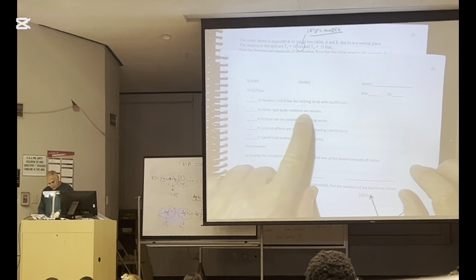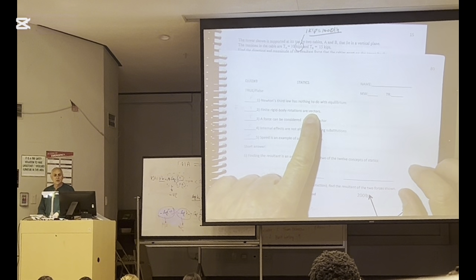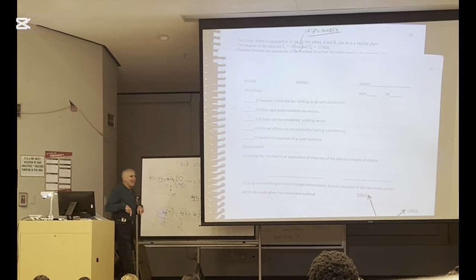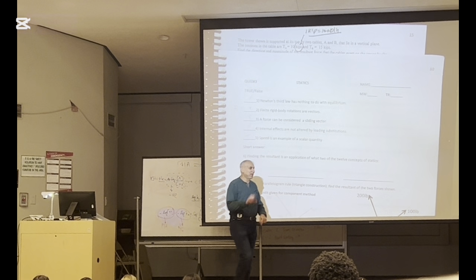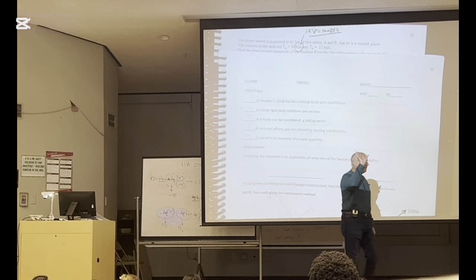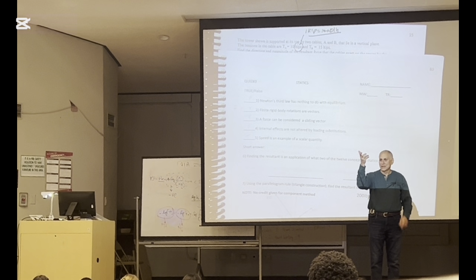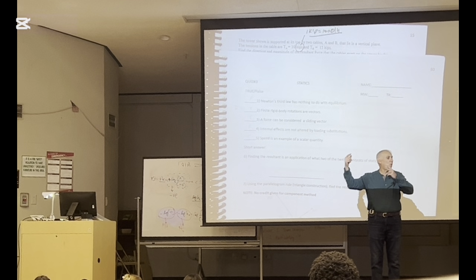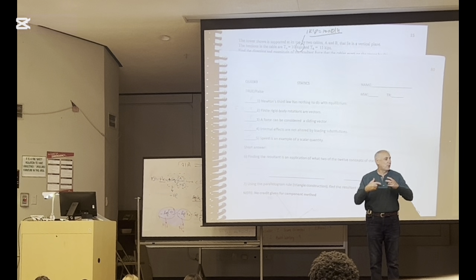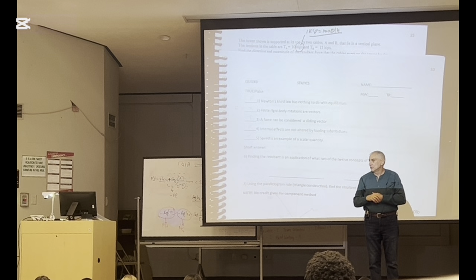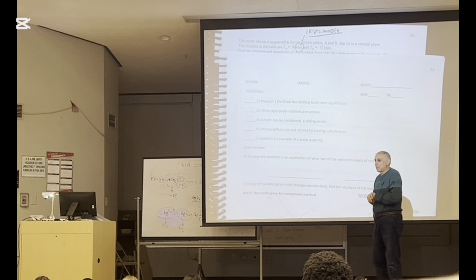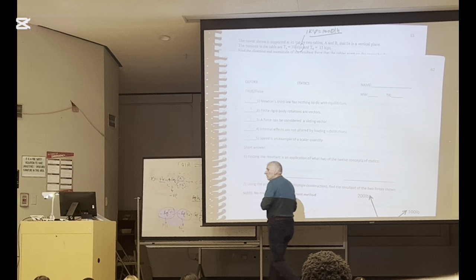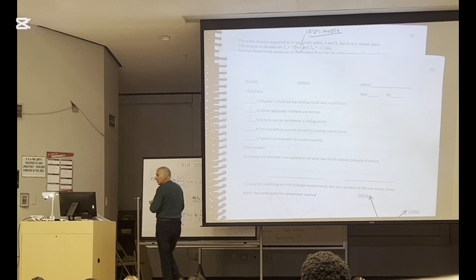Finite rigid body rotations are vectors, true or false? Did I not say that today? Today in class I said finite rotations have magnitude and direction, but do not add according to the parallelogram rule, therefore they are not vectors. There it is. It appeared on the quiz. Now, if you're not here, how are you going to know that answer?